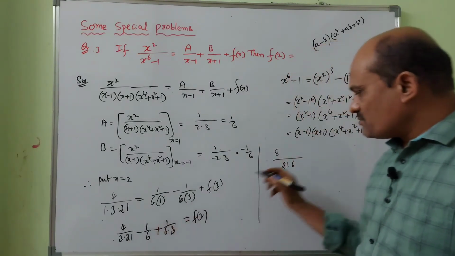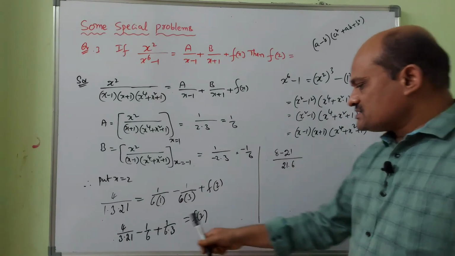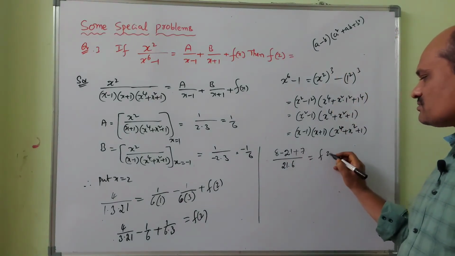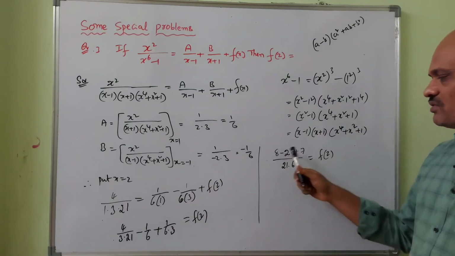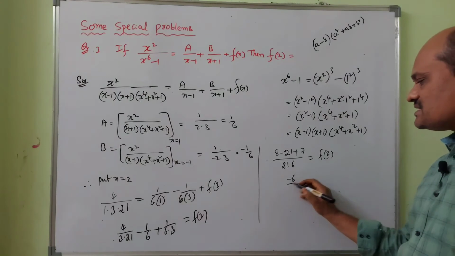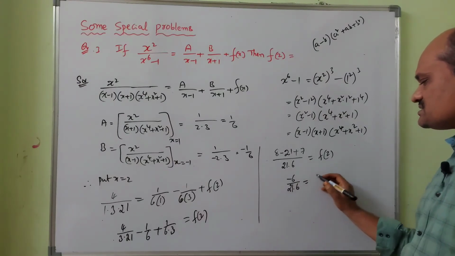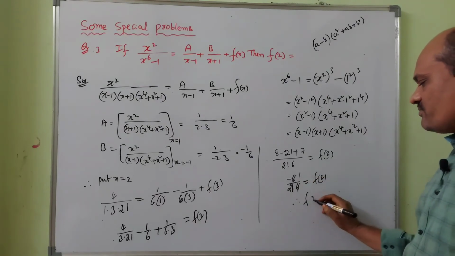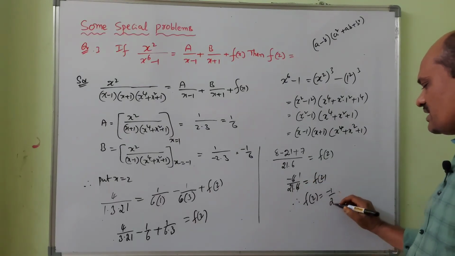Here 6 cancel, you will get minus 21. 6 into 3 cancel, you will get plus 7 is equal to f of 2. Now what is numerator? 15 minus 21 is minus 6 by 21 into 6, that is f of 2. 6 cancel, we can write f of 2 as minus 1 by 21.